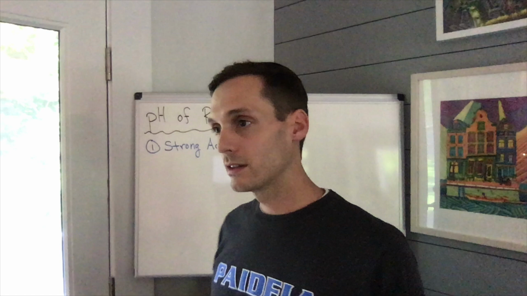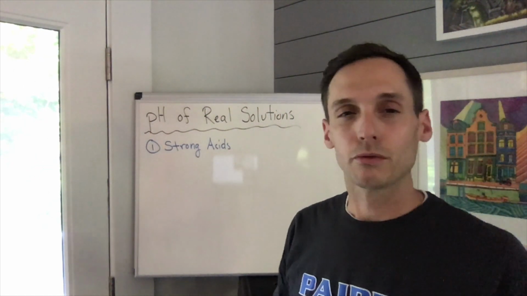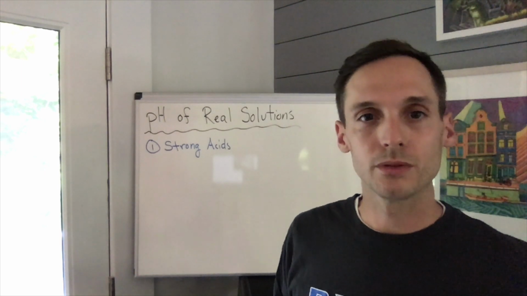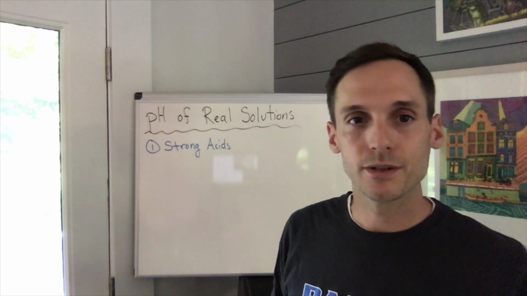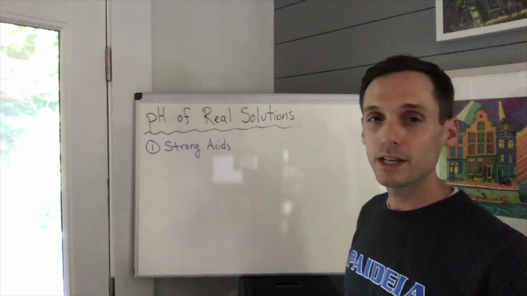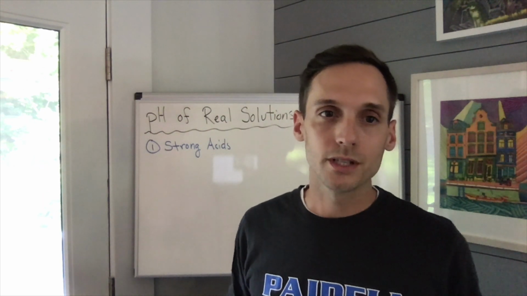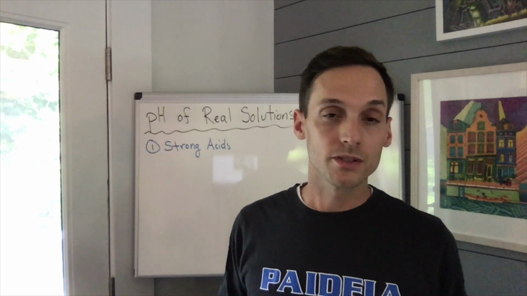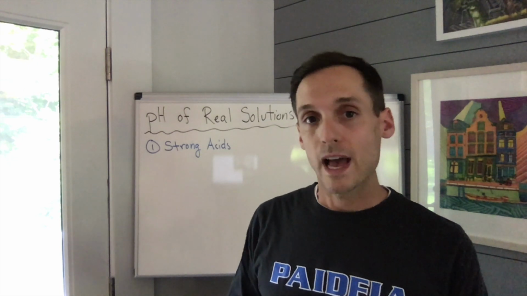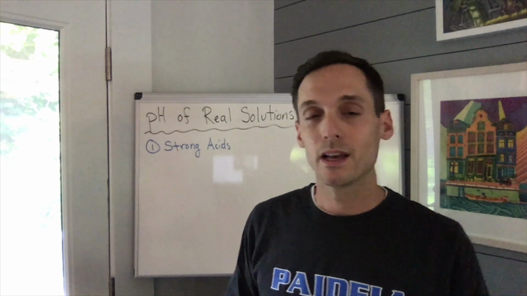So what we're going to go through today is kind of the first real world applicability to what we've learned in our acid base units so far. We're going to talk about how to calculate the pH of real solutions, and we're going to go through in detail how to do pH calculations for any strong acid, strong base, weak acid, weak base.